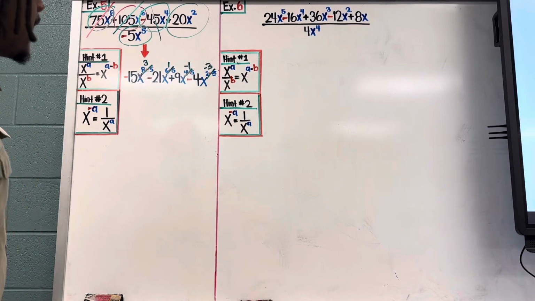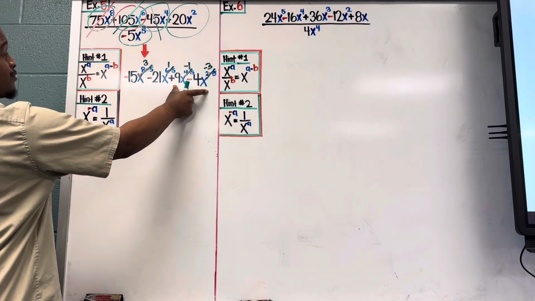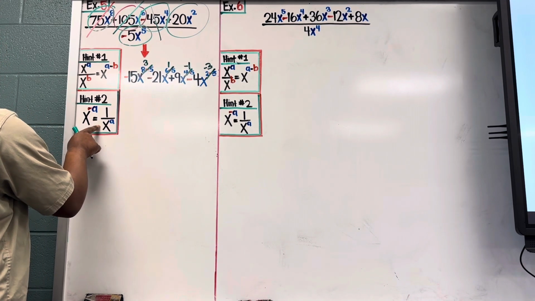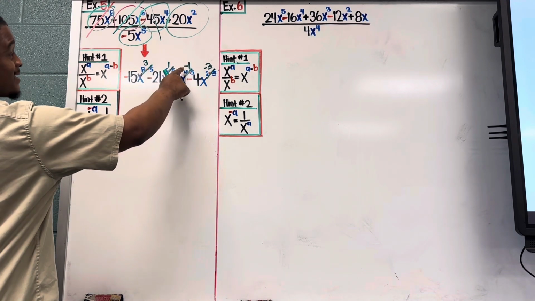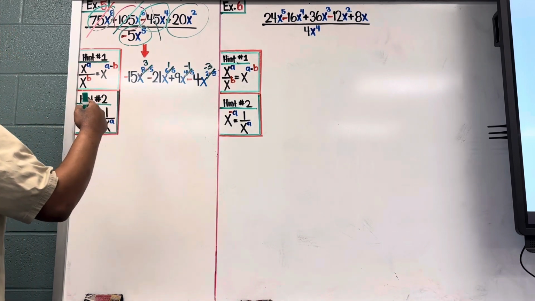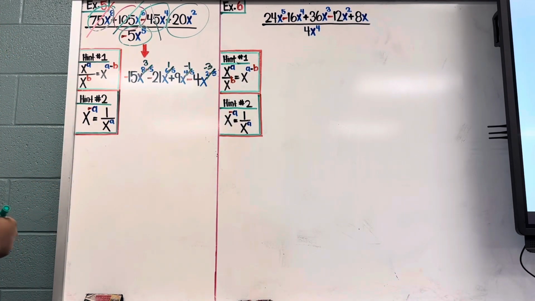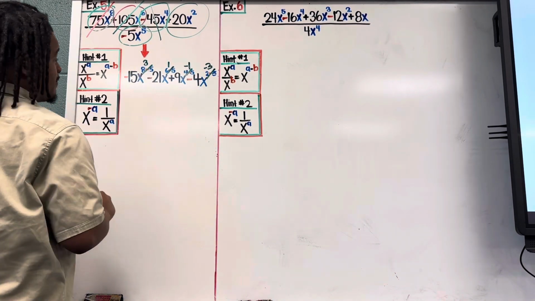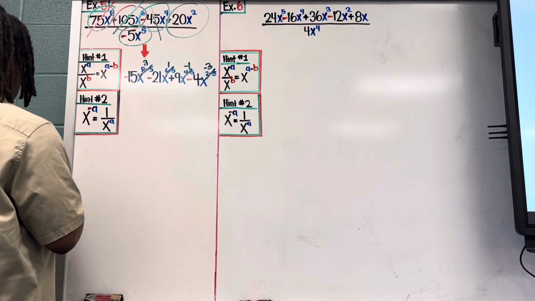Now, remember, guys, for the values that have negative exponents, I have to switch them. So 9x to the negative 1 power has to switch to 1 over 9x to the 1st power. Or actually, I'm sorry, I apologize. It will actually be 9 over x to the 1st power.